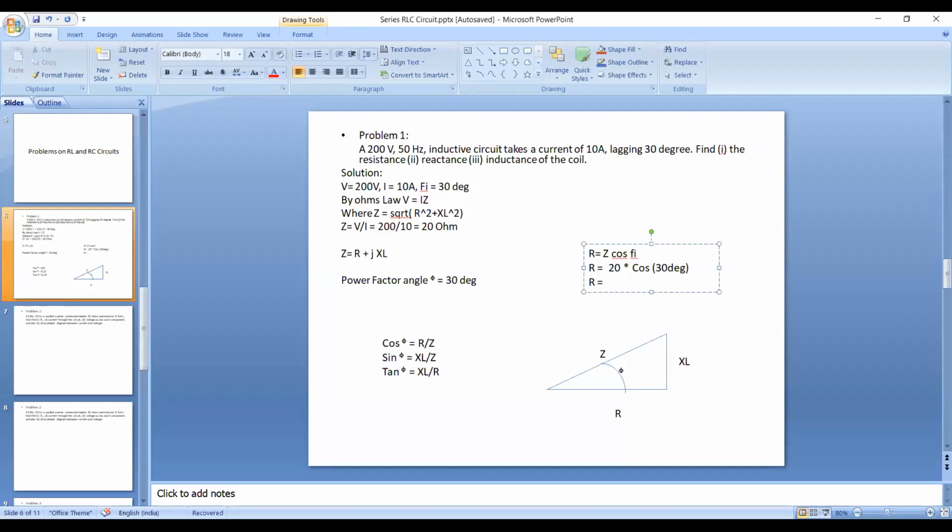Just put it in your calculator. 10 root 3. Again, 10 root 3 kg of sugar I cannot purchase, no? So you have to always tell me. 17.3. Right, 17 point something. 17.32 ohms. Perfect.